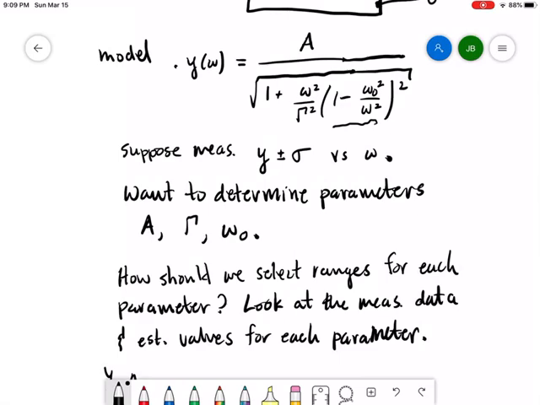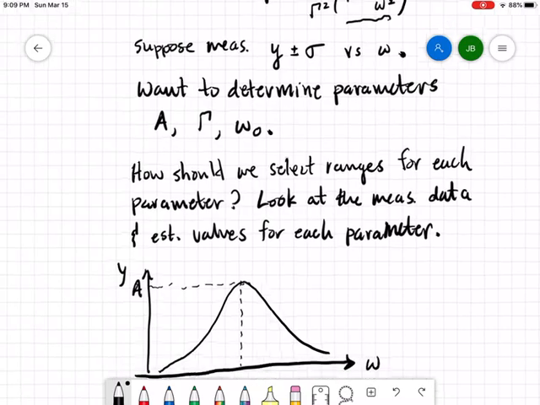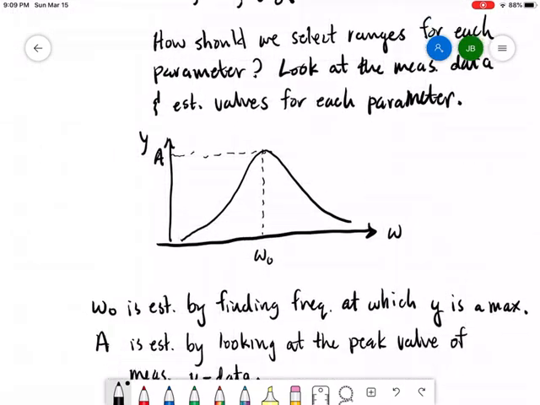The estimate of gamma is a little less trivial, but it turns out that if we were to set frequency equal to omega naught plus or minus gamma, then if you examined the model, you would find that y would be equal to A over the square root of 2. Actually, I said gamma, it's gamma divided by 2.